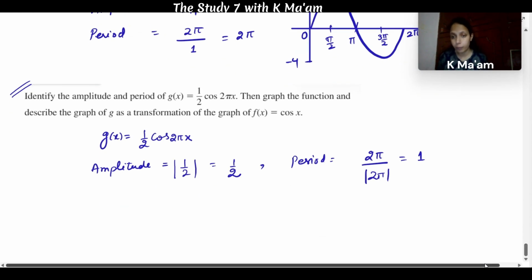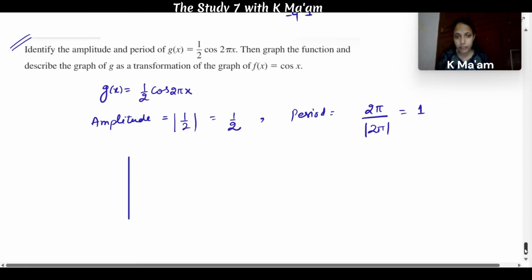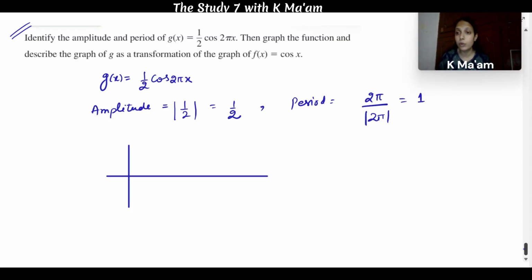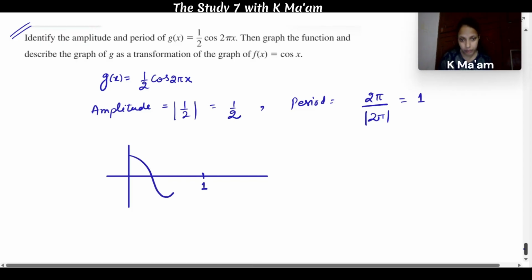Be careful now. The highest value is half. The minimum will be negative half. And thus it's one cycle up to 1, unit length 1. So it starts at the top, goes down to the bottom, and then up to this one, like this. Okay, let's make it more smooth.